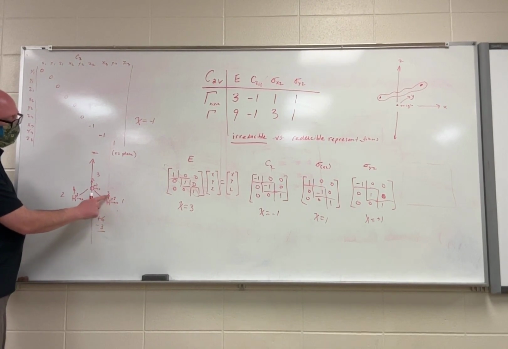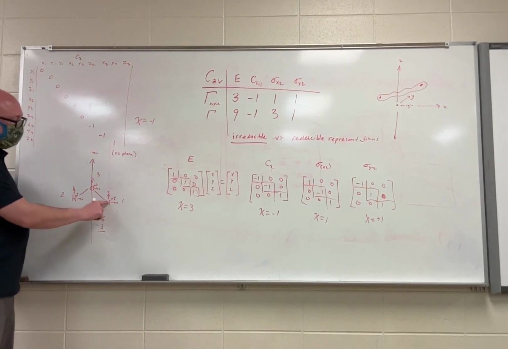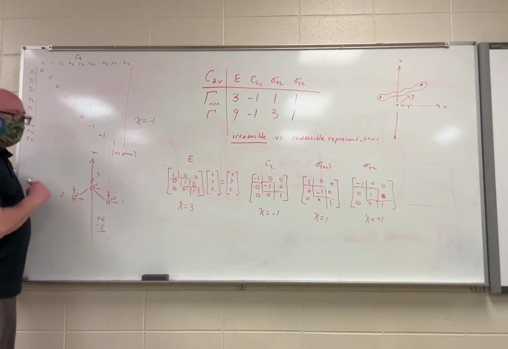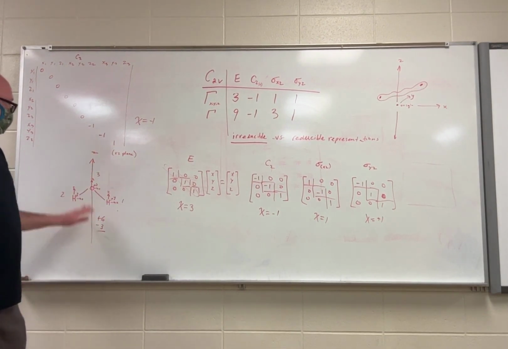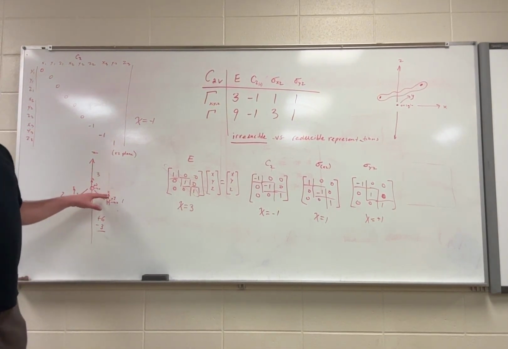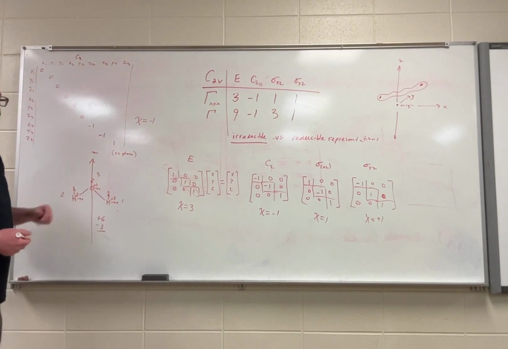So I made these 9 little vectors, x, y, and z, where they emanate from the centers of these atoms in the molecule. And so I just made it up, a 9-dimensional representation. And one of the reasons I made it up is because it has chemical relevance and it works out as an actual representation in the group.